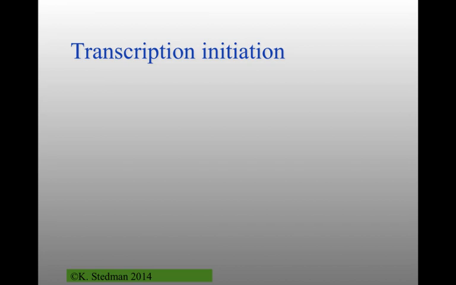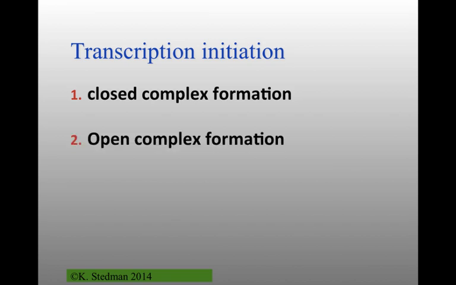So the first thing that happens is the holoenzyme, the RNA polymerase plus sigma factor, binds to the DNA, and that's what's called a closed complex. The only reason it's called a closed complex is because the two DNA strands are still connected to each other. The next step is open complex formation, which is just getting those two strands apart, so helicase activity of the RNA polymerase.